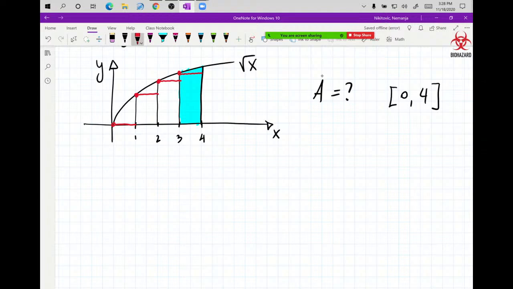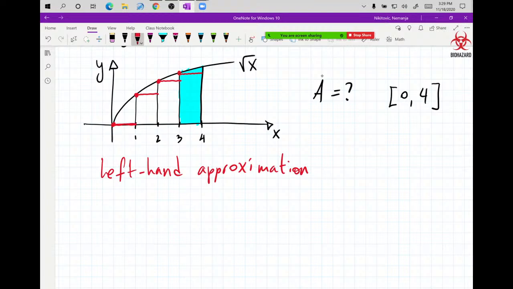So now I'm taking the blue ones off, because what I have here with the red ones is what we call the left-hand approximation. Why is it called the left-hand approximation? Because each rectangle that you are looking at, and you have 4 of them, is using the left side to draw the rectangle.